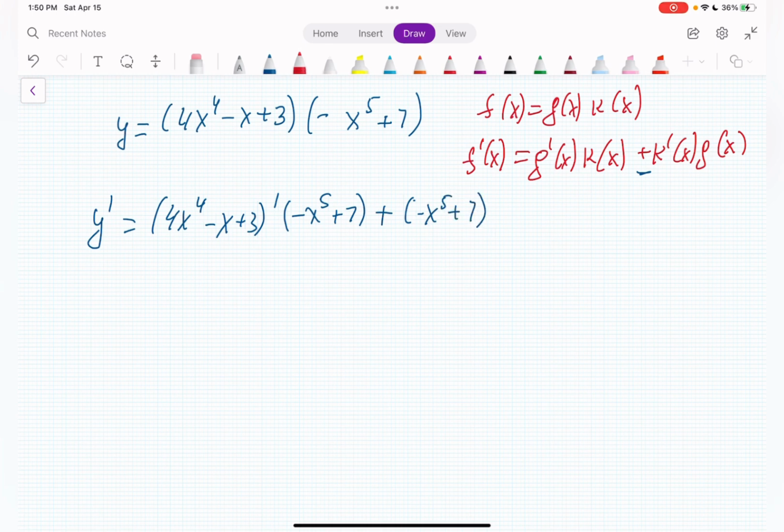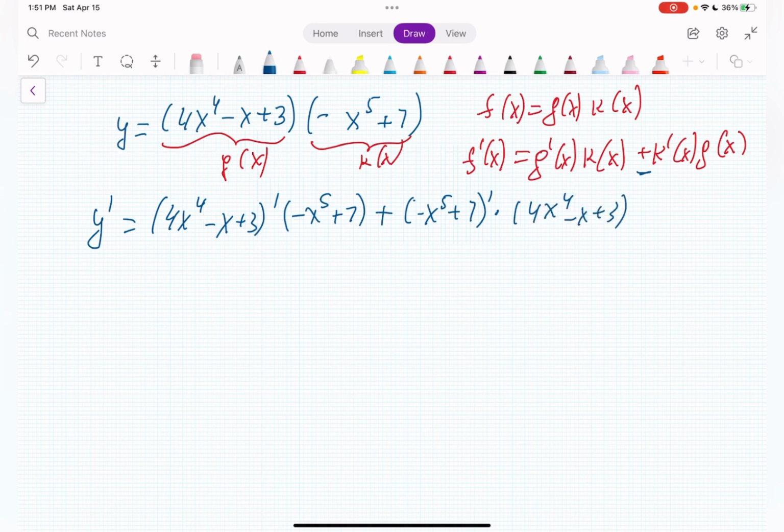This is k of x, and this is g of x. Prime times g of x, 4x to the 4 minus x plus 3.